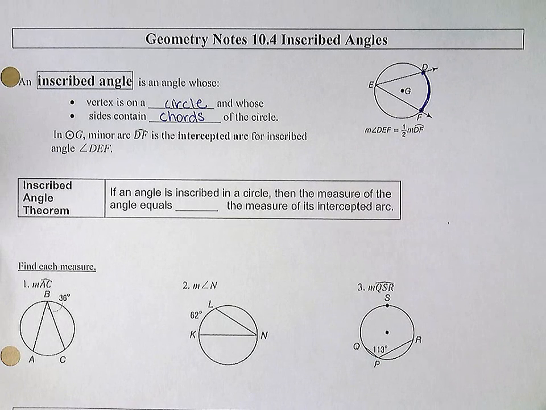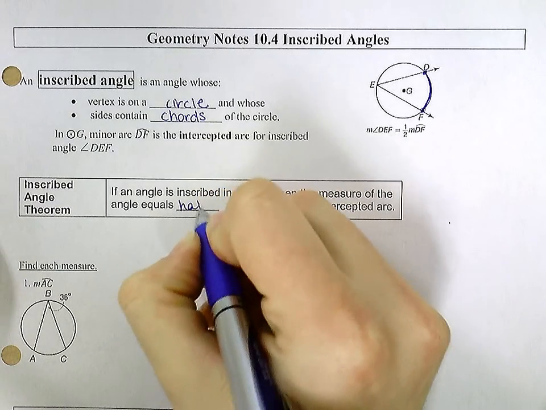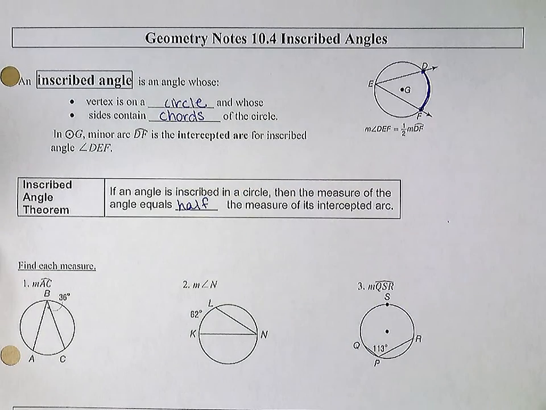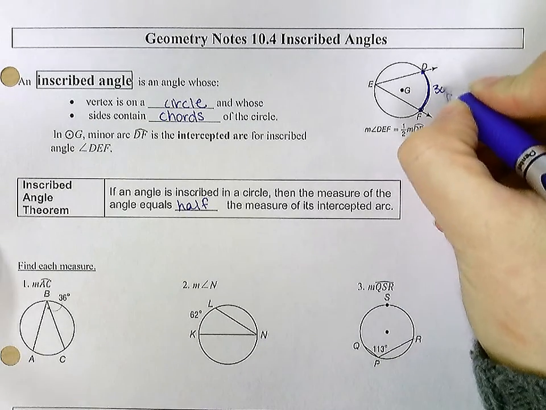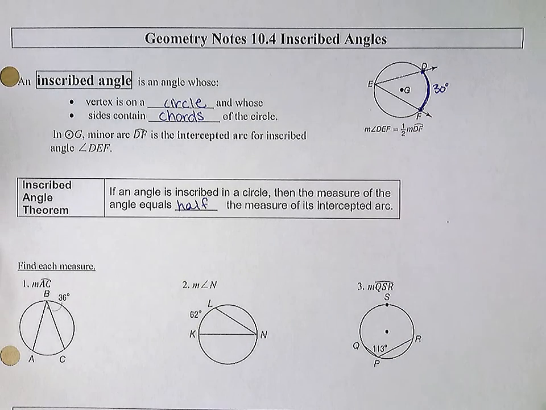Now we do have an inscribed angle theorem. That states if an angle is inscribed in a circle, then the measure of the angle equals half the measure of the intercepted arc. So if I know that my intercepted arc is 30 degrees, I can find my inscribed angle.